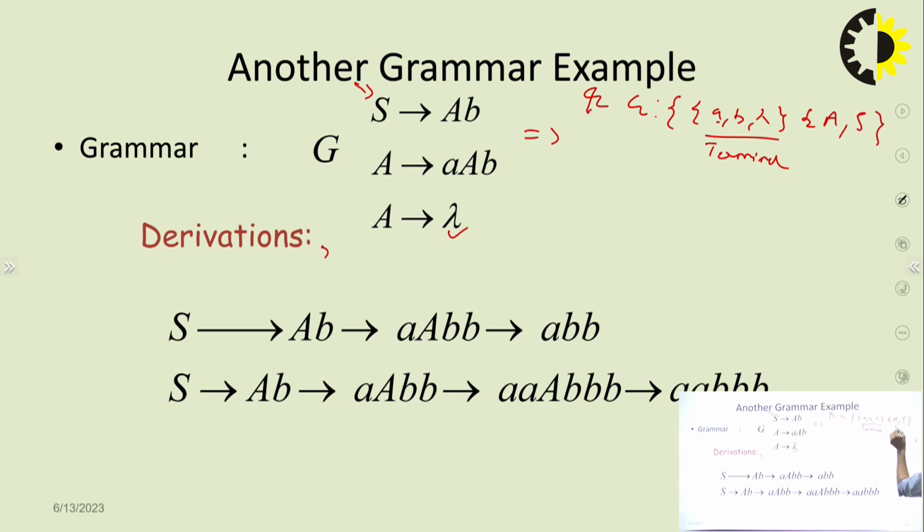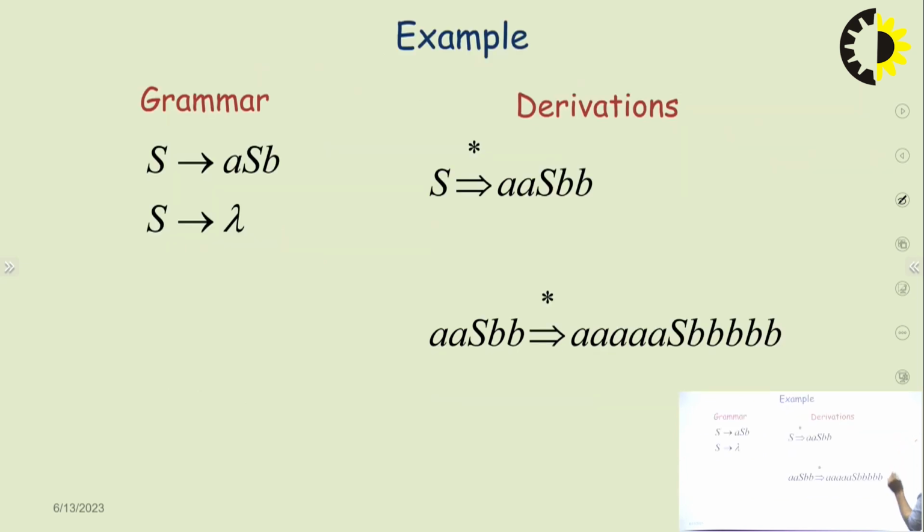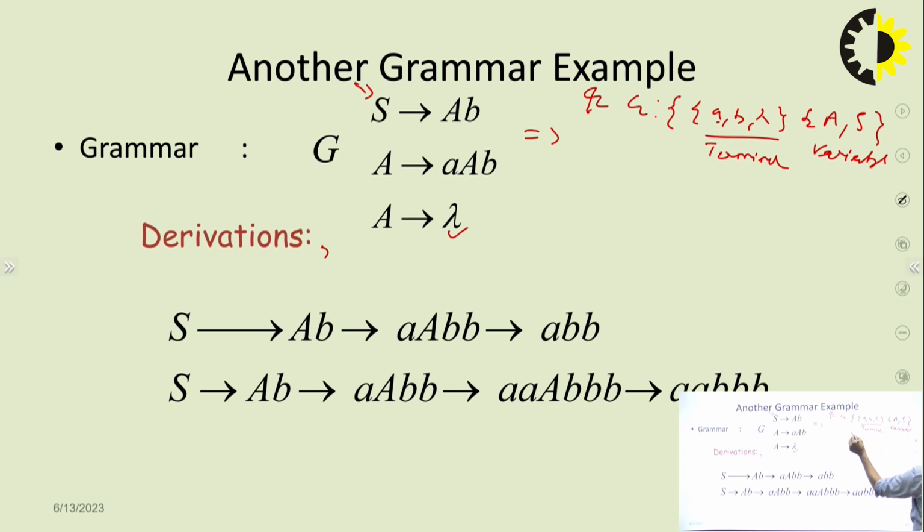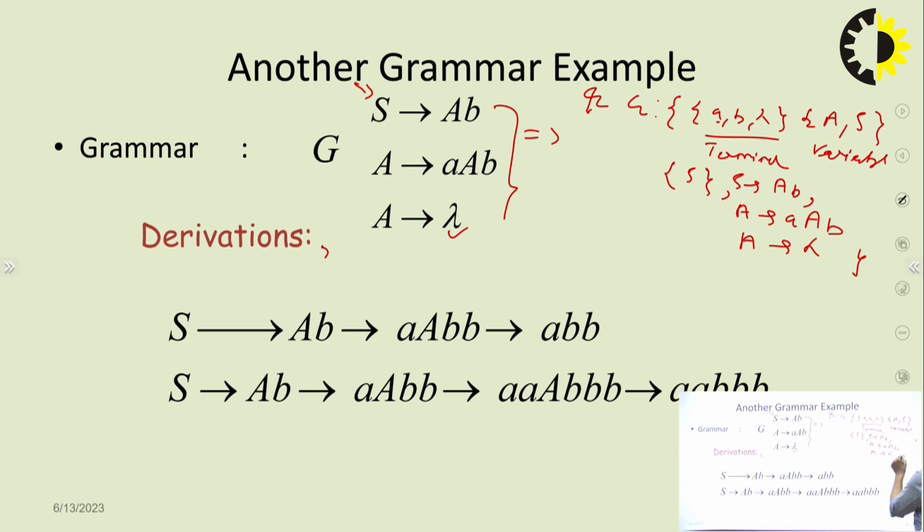S is a variable, and the start symbol is S. The productions are given here. The rules are given as S to aAb, A to aAb, A to lambda. That defines the grammar.